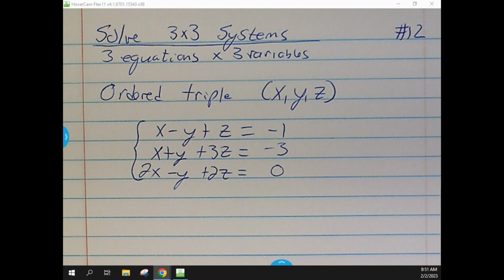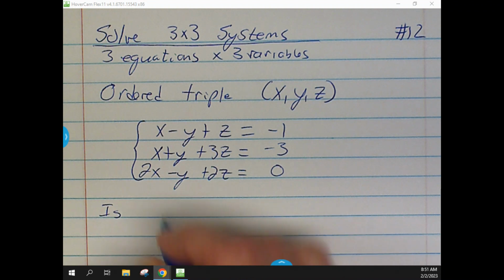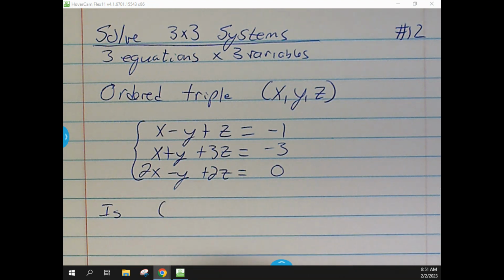All right. And one of the very first things that's going to happen is they're going to give you a system of equations, and they're going to ask you, is this ordered triple a solution to the problem? So maybe something like this.